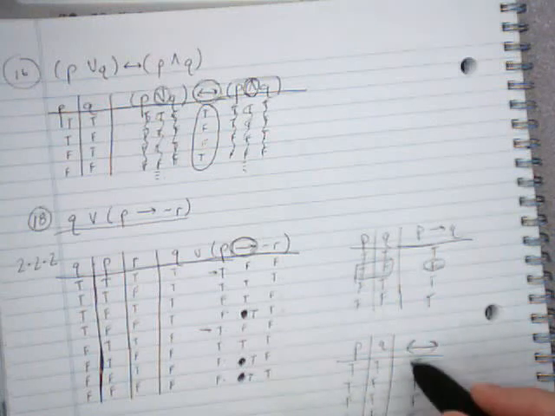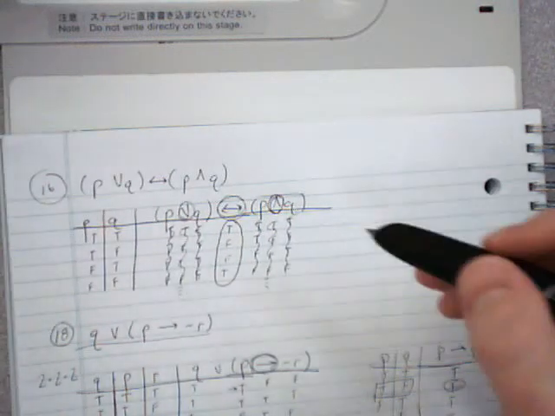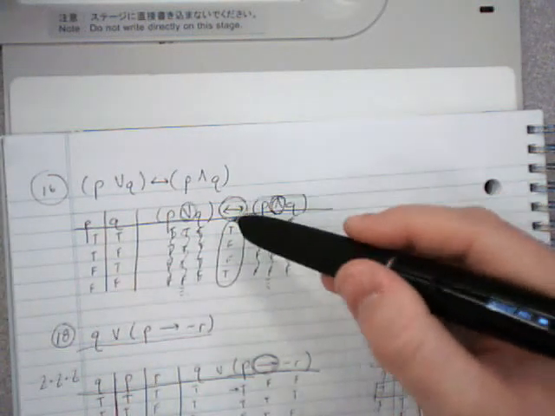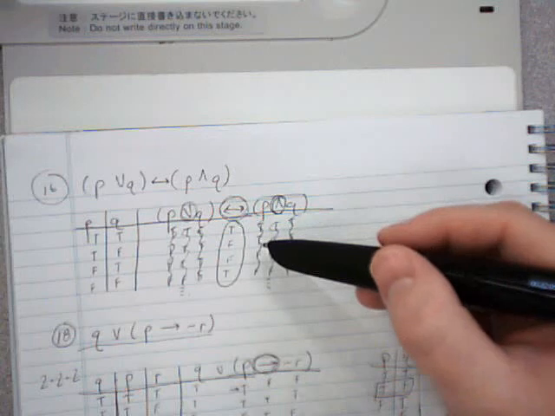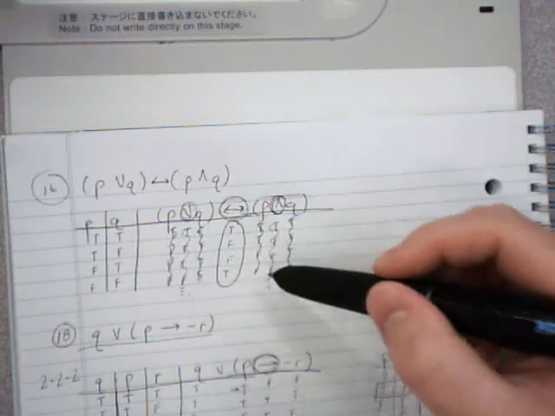So if they're the same, it's true, right? So if it was me, like up here on number 16, see how the biconditional? If I look for the same letter, I put a T. Two trues make it true, two falses make it true. The rest of them get Fs. So that's kind of how I work on these, and it makes it a little bit easier as we go through. Does that make sense to do it like that?